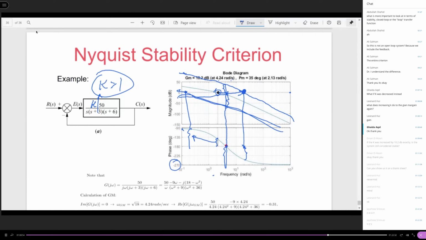If you change the K, definitely you need to recalculate the gain margin and the phase margin. Because from the Bode plot, it is very clear: if you change the K, it will change both the gain margin and the phase margin. So you need to recalculate them.